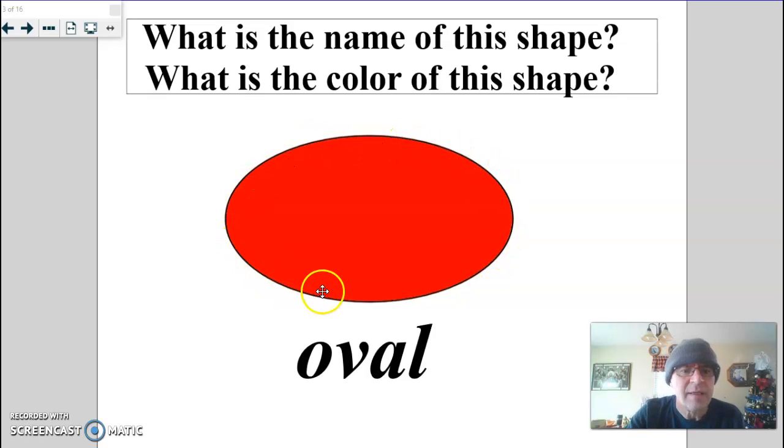That's an oval right there. It's kind of hard to find something that's like an oval, but an egg would be like an oval, or a football shape. That's called an oval. We'll get better at these shapes.